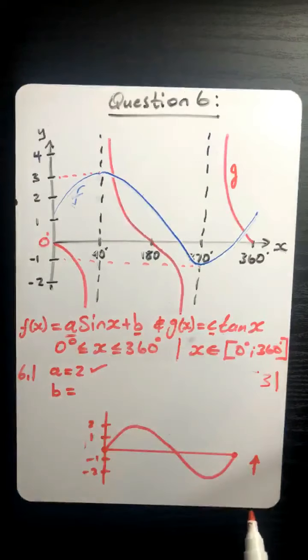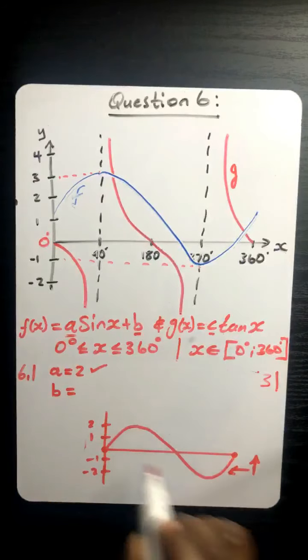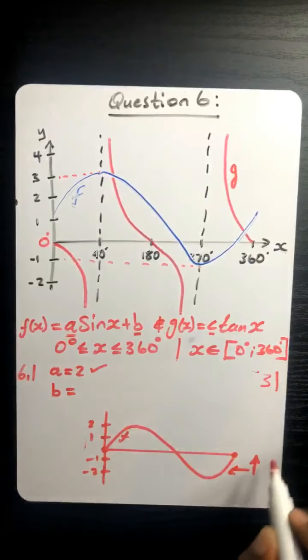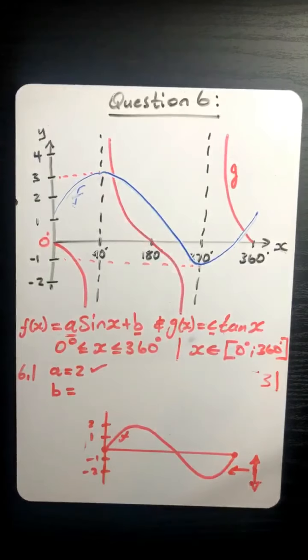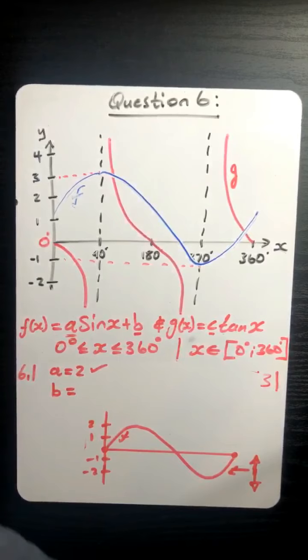So can someone tell if this thing, the graph of f, did it shift upwards or did it shift downwards according to you? Downwards. Someone is saying downwards. Another one.